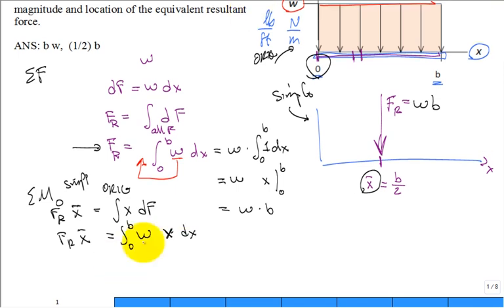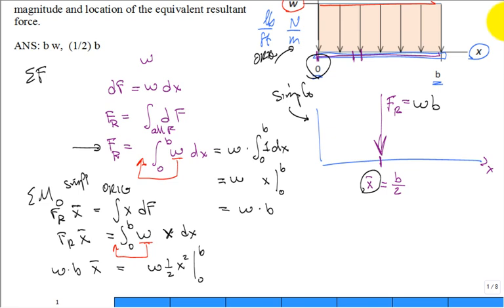Is this W intensity still a constant? It comes outside the integral. This is another integral they never gave you in the Cal 2 final exam. What is the integral of x dx? 1/2 x squared, evaluated from the lower limit to the upper limit. And this F of R I'm going to replace with W times B times X bar.